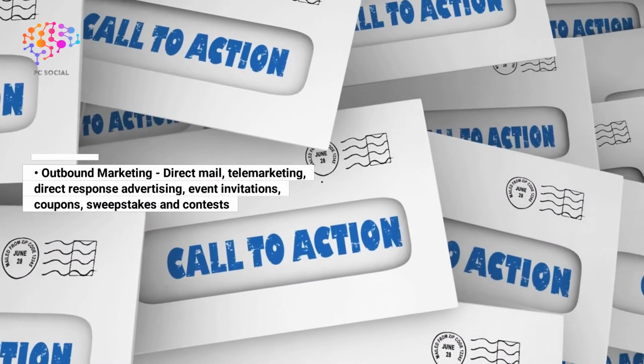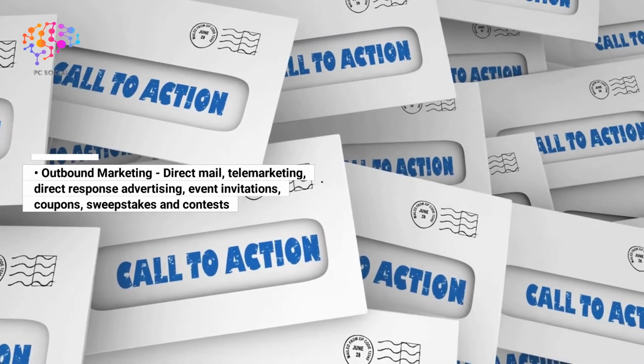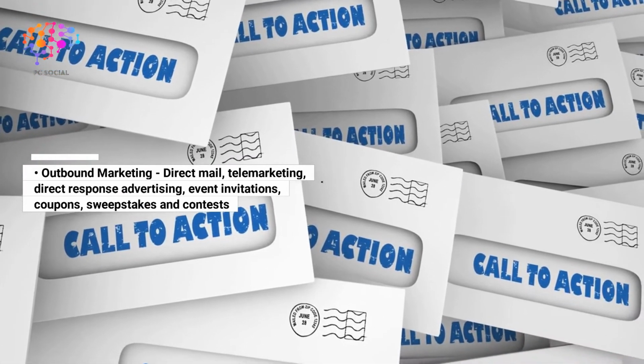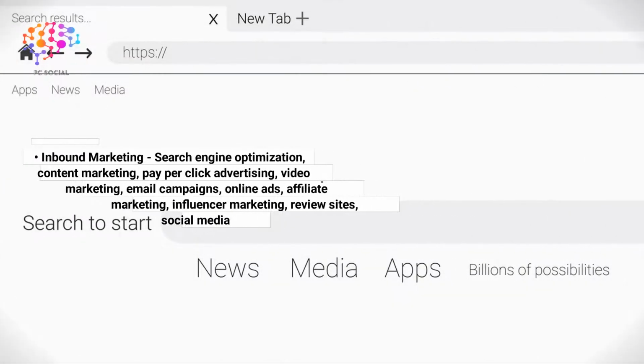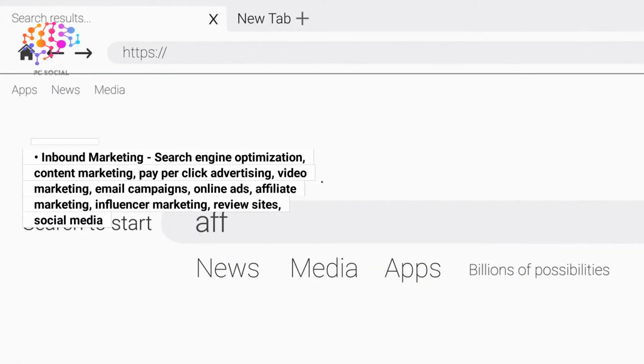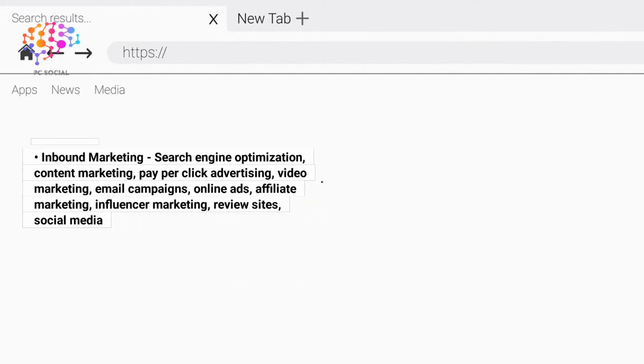Outbound marketing: direct mail, telemarketing, direct response advertising, event invitations, coupons, sweepstakes and contests. Inbound marketing: search engine optimization, content marketing, pay-per-click advertising, video marketing, email campaigns, online ads, affiliate marketing, influencer marketing, review sites, social media.